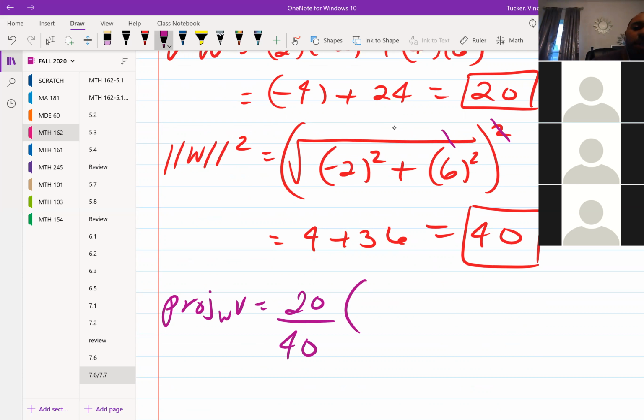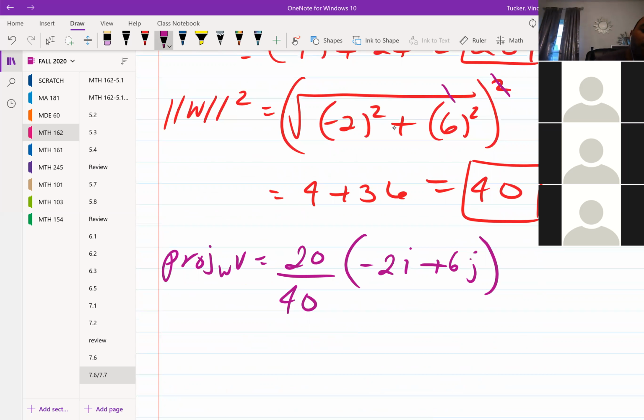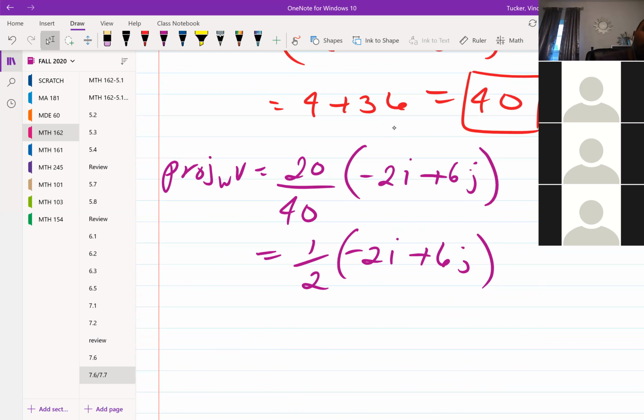We're going to multiply that by negative 2i plus 6j. So that'll be 1/2, and do our distribution. So that's going to be negative i plus 3j.